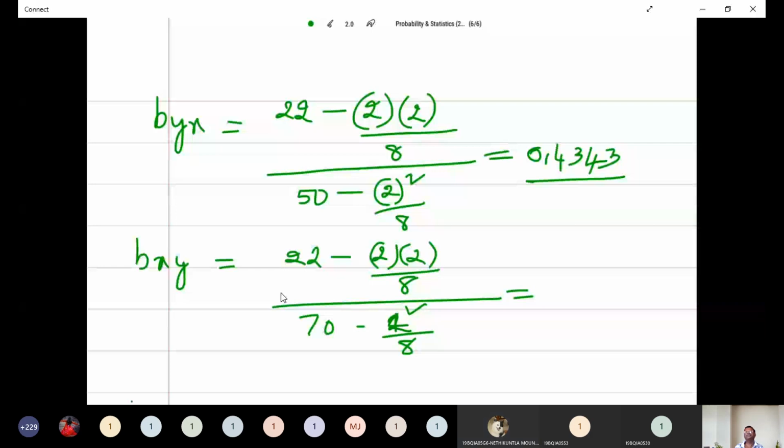What is this value? 0.309. Is it correct?